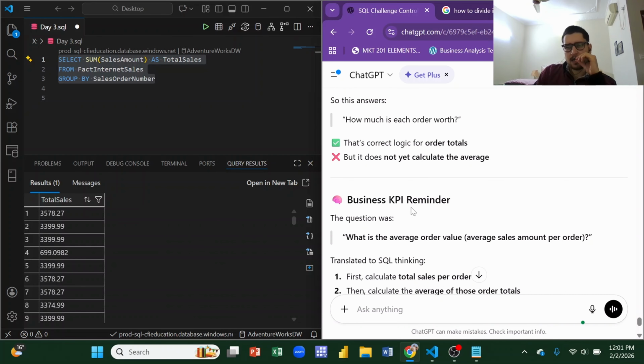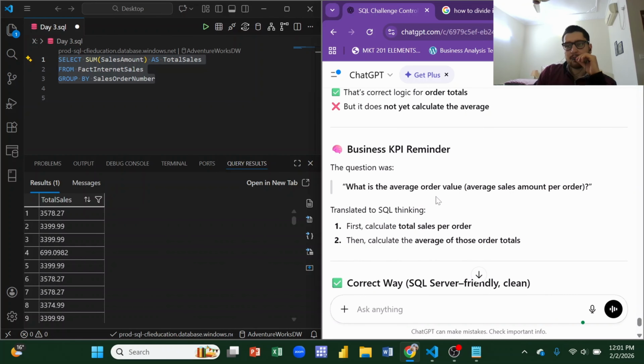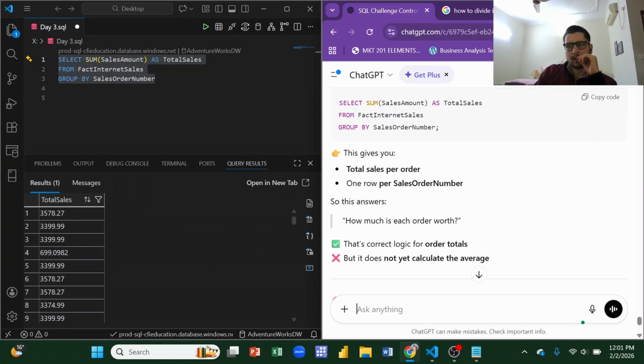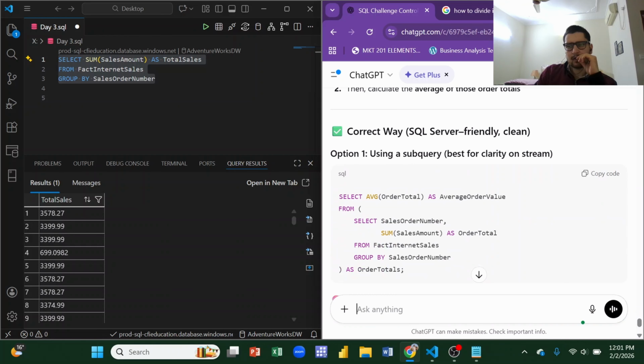Now the business KPI reminder, key performance indicator reminder, was: what is the average order value, average sales amount per order? Translated to SQL thinking: first calculate total sales per order, then calculate the average of those order totals. So what is the correct way to do it?